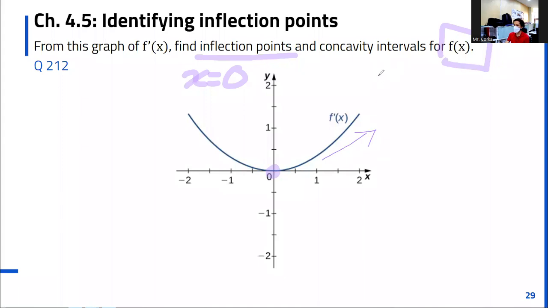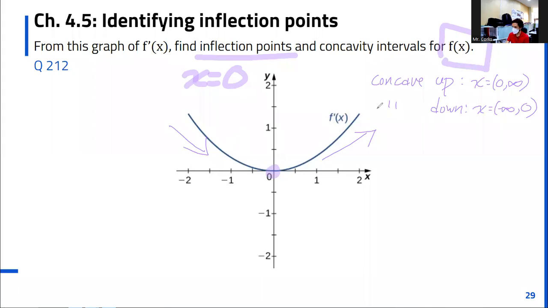So we must be concave up from x equals 0 to positive infinity, and concave down from x equals negative infinity to 0 on the other side, because our first derivative is negative. When the first derivative is negative, that means we are concave down.